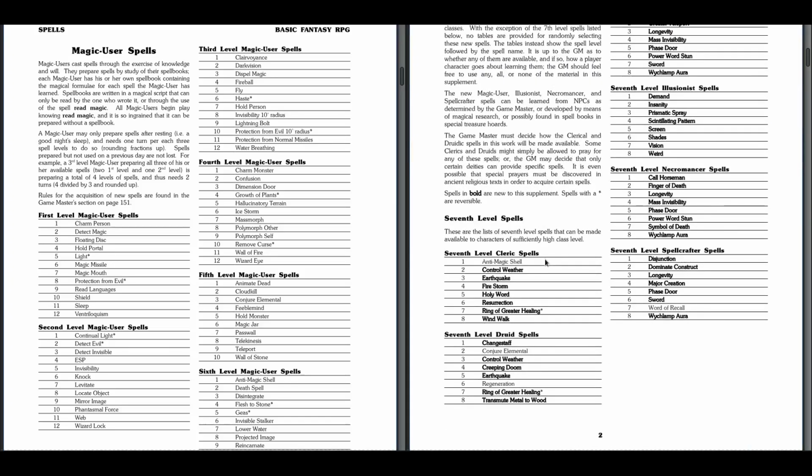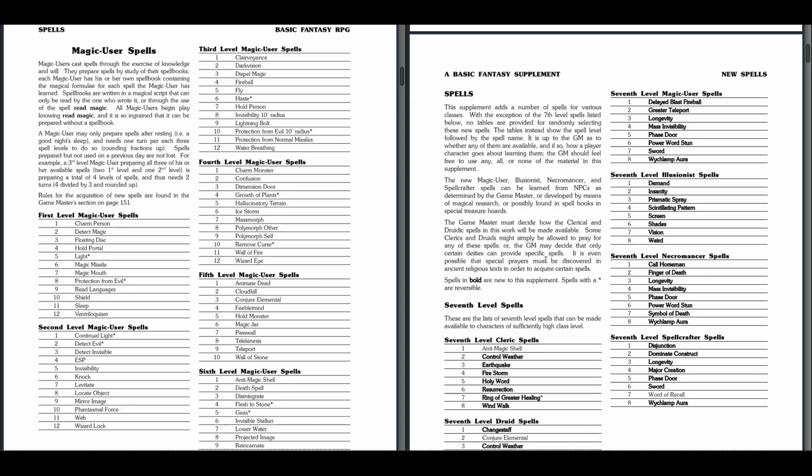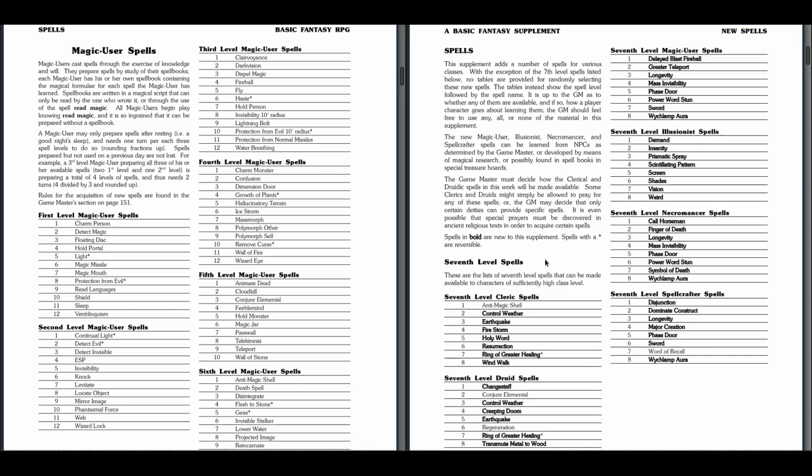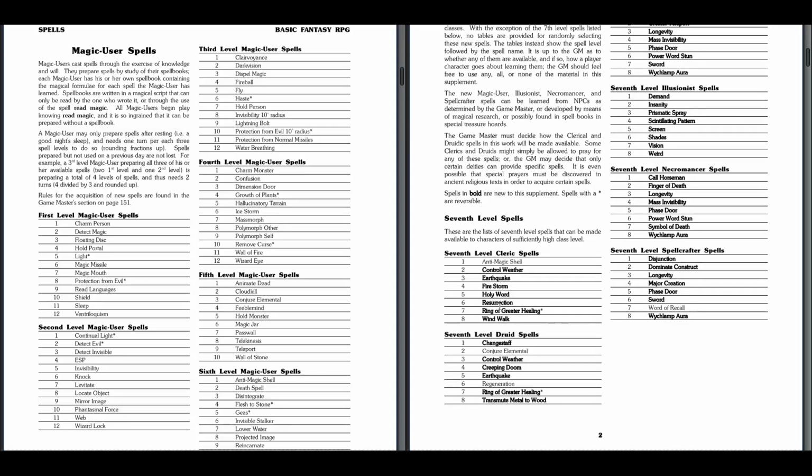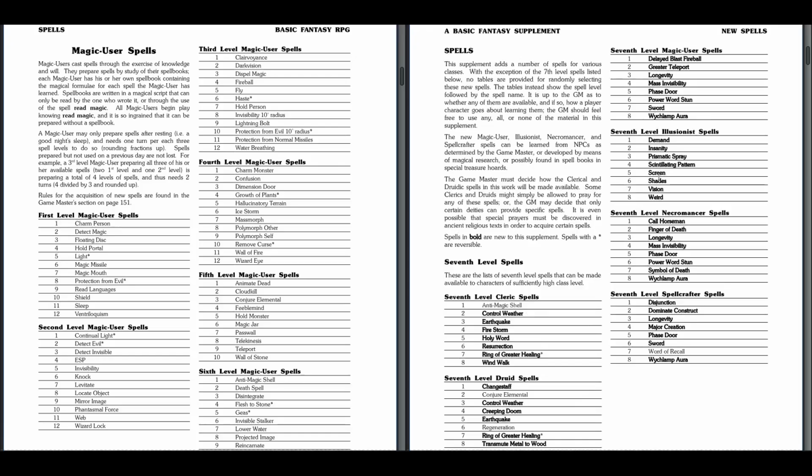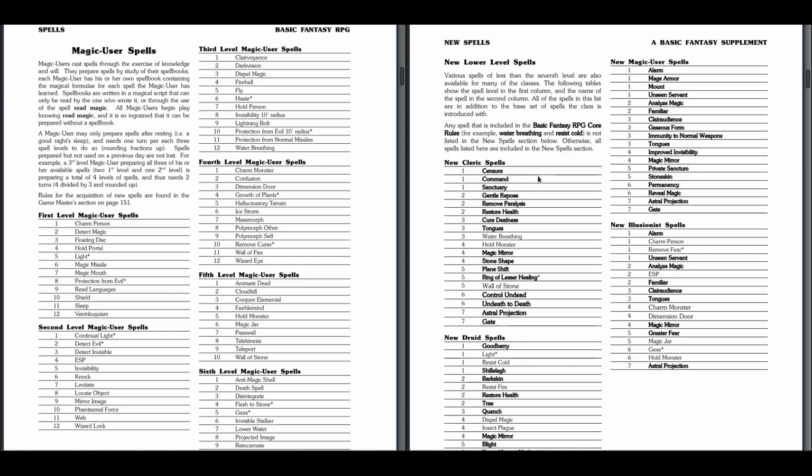And then here are the list of 7th level spells. So for cleric, druid, magic user, illusionist, necromancer, spellcrafter. There are also new lower level spells as well.